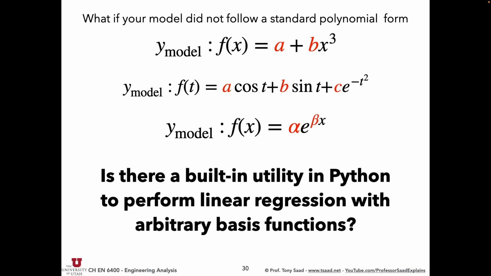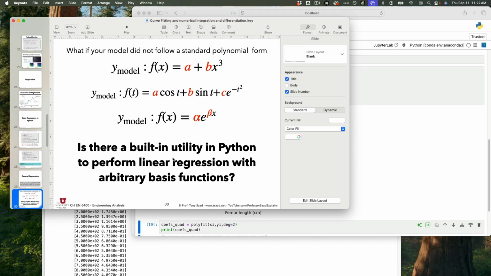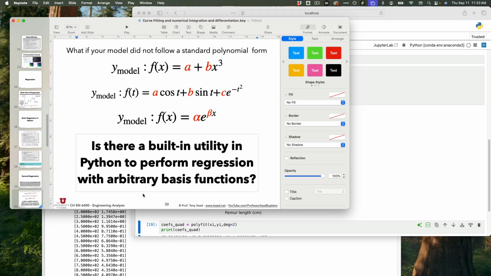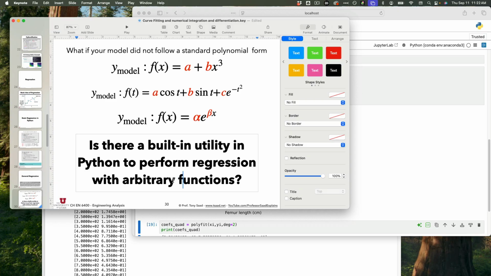Polyfit is strictly for full polynomials. Straight line, quadratic, cubic, etc. Fourth order, quintic, etc. And the question is, it would be really cool if there's a built-in utility in Python to do this, to do regression with arbitrary models. To perform regression with arbitrary functions.